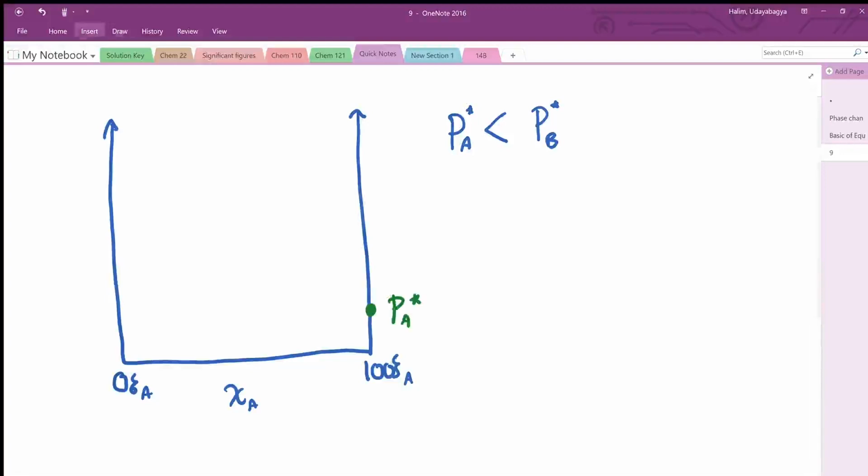If I have 0% A, that means I have 100% of B, so the total pressure is PB star.